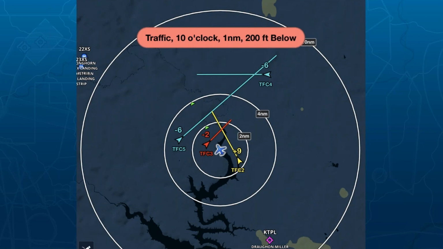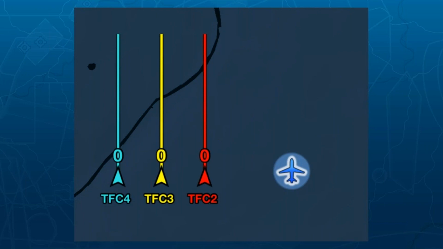The way this works is that any traffic target that within the next 45 seconds will come within 2 nautical miles and 1,200 feet vertically of you will be colored yellow. That's the lower level of alert. The higher level is if that aircraft within the next 25 seconds will come within 1.3 nautical miles and 1,200 feet vertically.